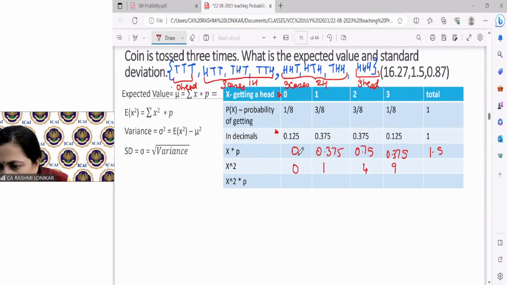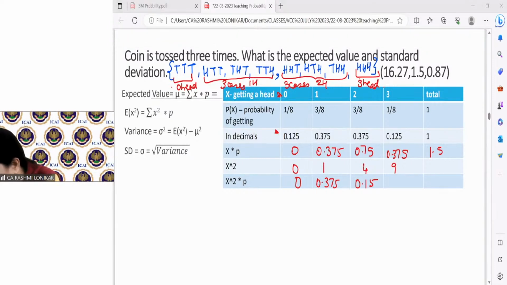So 0 into 0.125 is 0. 1 into 0.375 is 0.375. 4 into 0.375 is 1.5.